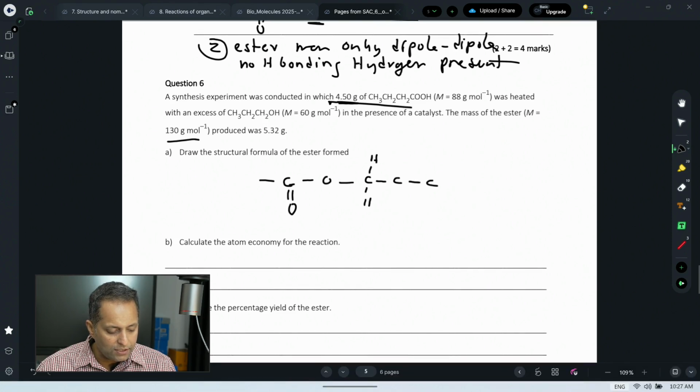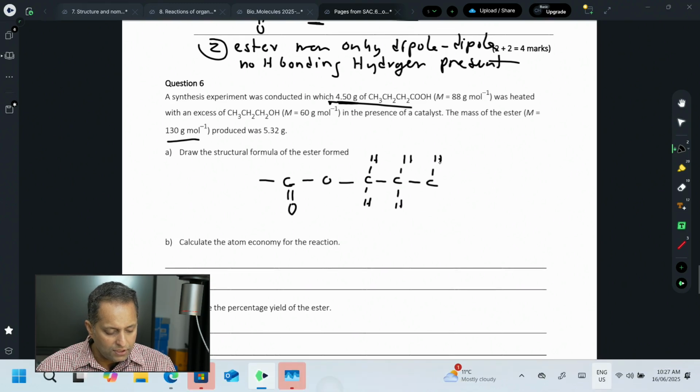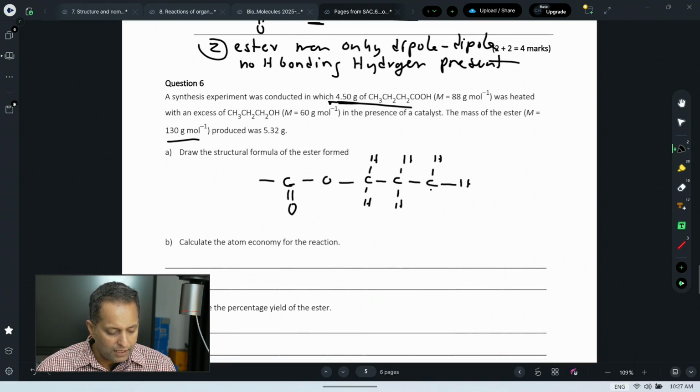Then let's put the hydrogens in. Then the carboxylic acid is a propanoic acid as well, so we need 2 more carbons. This is propyl propanoate.